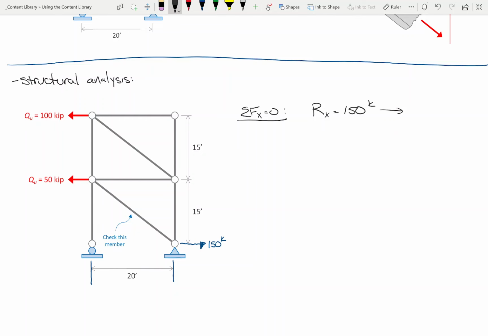So we will sum moments about the left support. Okay? What do I have? 50 times 15, 100 times 30, right?